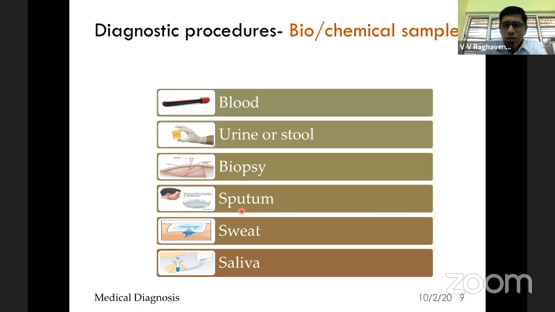Okay, so saliva is such an easy sample. You can actually get a small sample of saliva into a small tube without any effort, and it is definitely not as painful as nasopharyngeal swabs. Okay, so these are different samples that you can access, but most of the time we talk about blood.